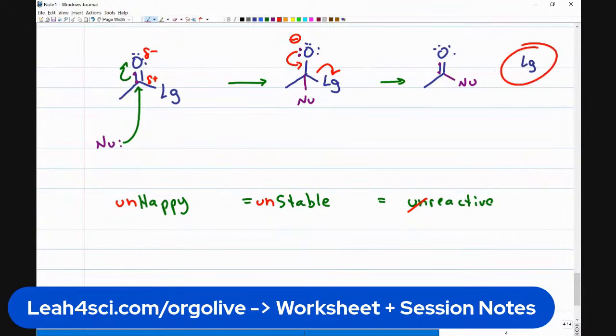In the case of a leaving group, if you kick something out and that thing is capable of stabilizing whatever charge just happened, it's capable of handling itself on its own out in solution, it is more likely to stay out in solution. But if you kick it out and it's very unstable, it is going to come right back, or it's never going to leave in the first place.